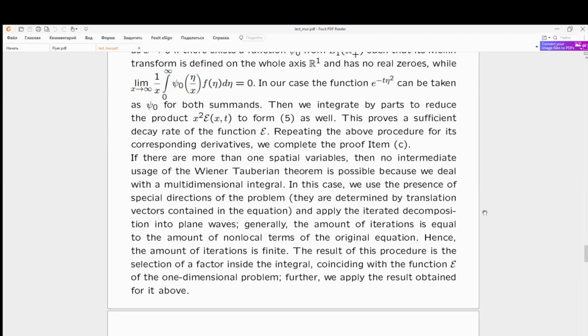Generally, the amount of those iterations is equal to the amount of non-local terms of the original equation, so the procedure has a finite number of steps. Once this procedure is completed, we select a factor inside the integral coinciding with the functional E calligraphic of the one-dimensional problem. And further, we apply the result obtained for it above.